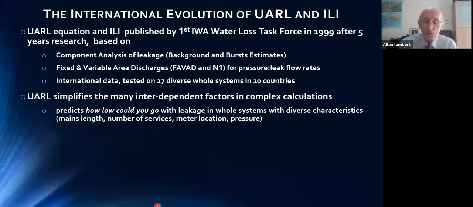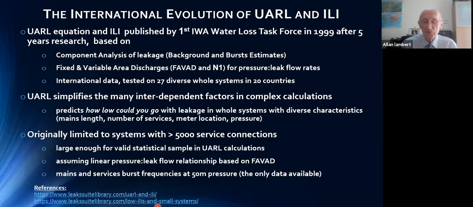UARL predicts how low you could go with leakage in whole systems with diverse characteristics of mains length, number of services, meter location on service connections, and pressure. Originally limited to systems with more than 5,000 service connections, UARL assumes a simplified linear relationship between pressure and leak flow rate.